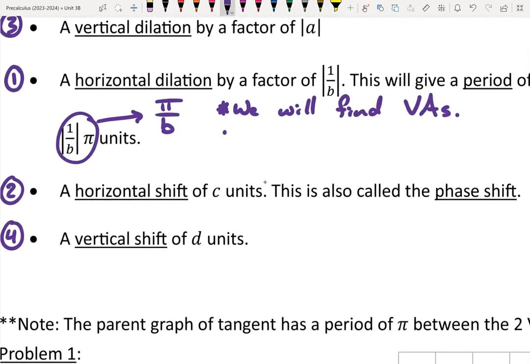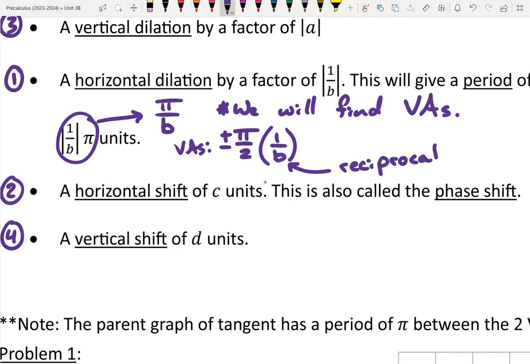So we're going to take that plus or minus pi over 2, and this is going to be our vertical asymptotes, and we're going to multiply that by the 1 over b factor. So 1 over b, the reciprocal. Remember, that's the reciprocal of whatever our b is. Maybe make a note of that to remind ourselves that is the reciprocal of whatever b is. Now, it's important to note b is not the period.